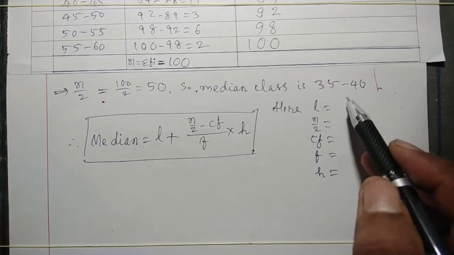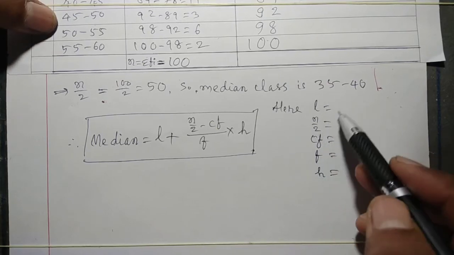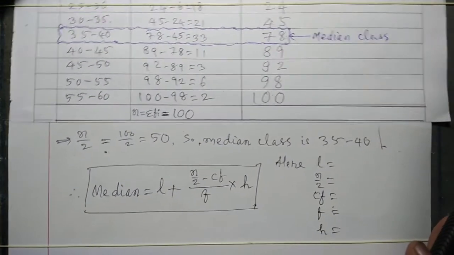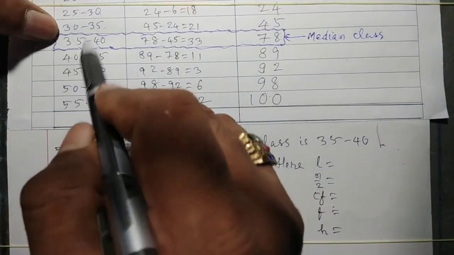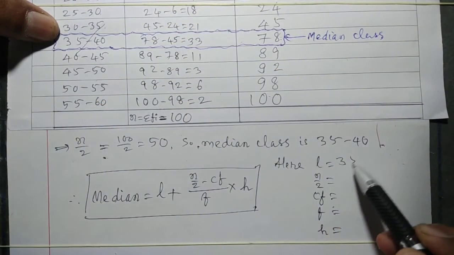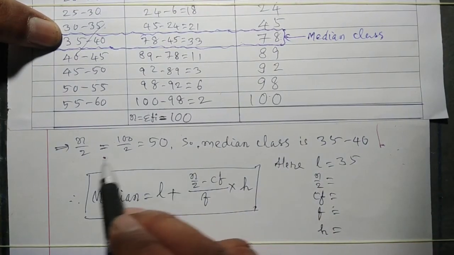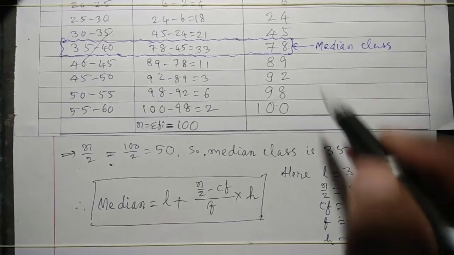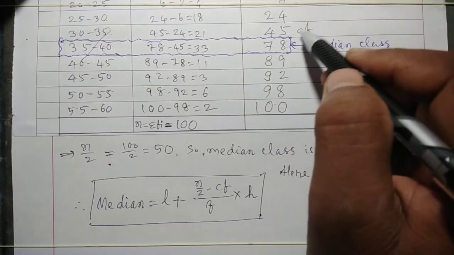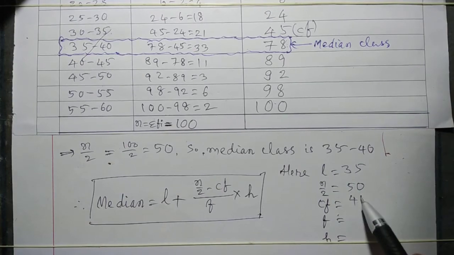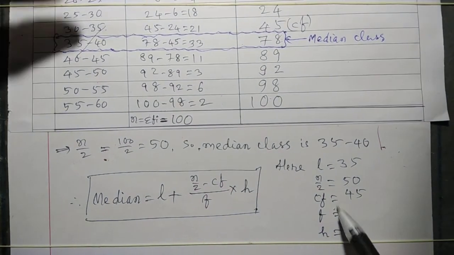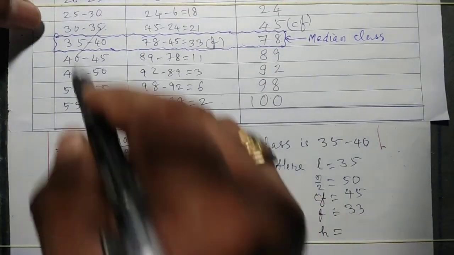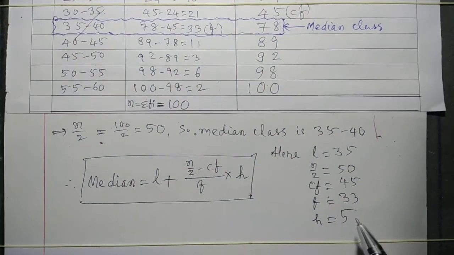L is the lower boundary of this median class, so the median class is 35. n by 2 we already found is 50. Cumulative frequency Cf is 45. Small f, the frequency of this median class, is 33. Height of the class is 5.